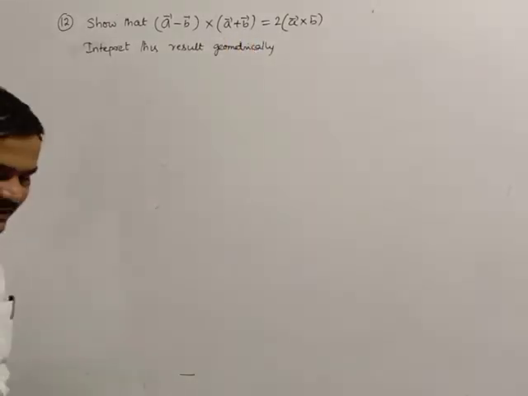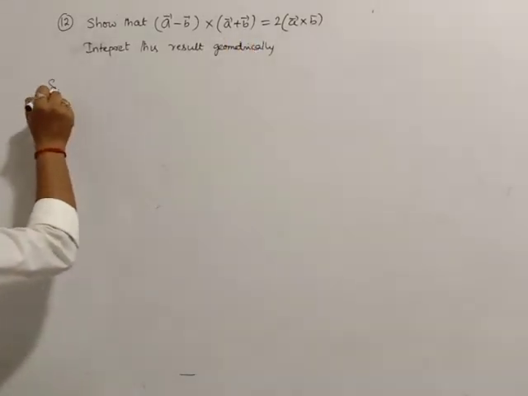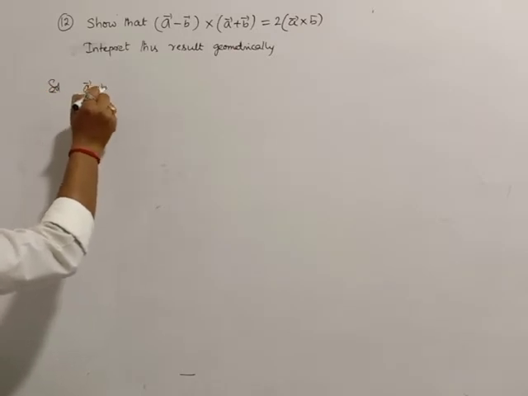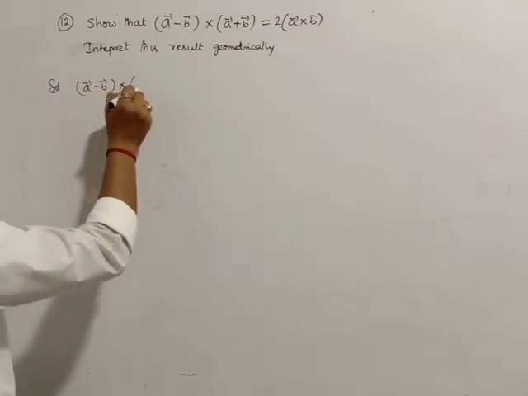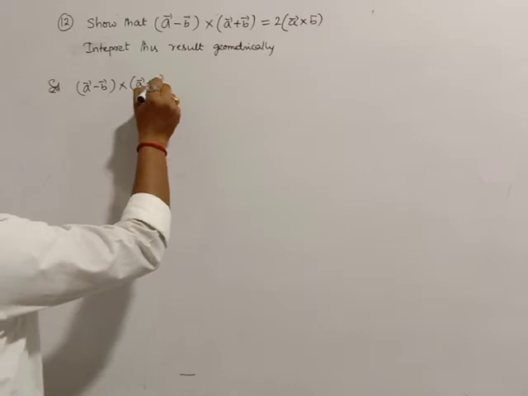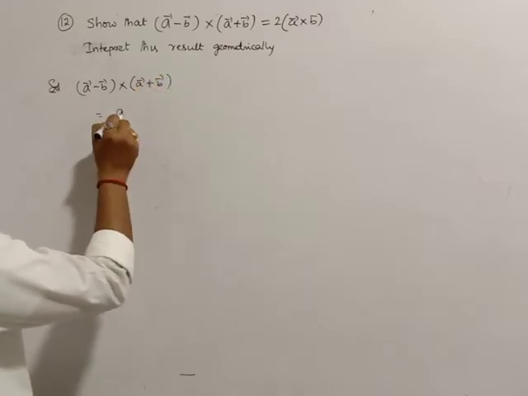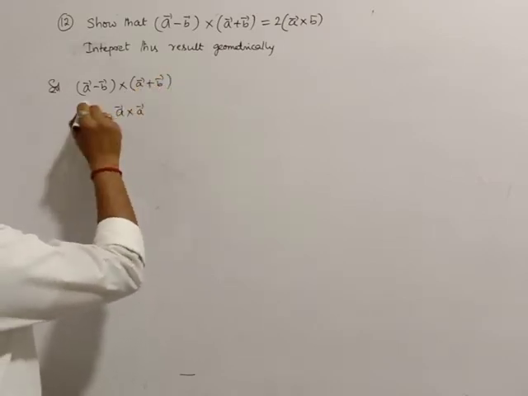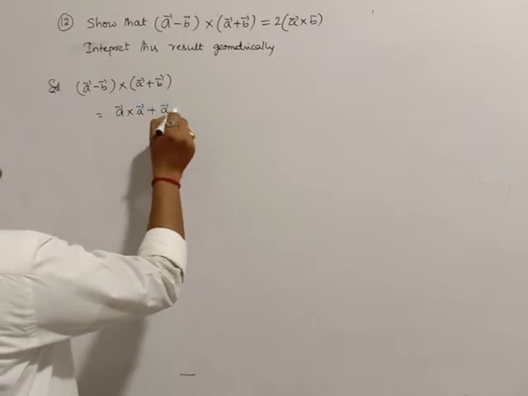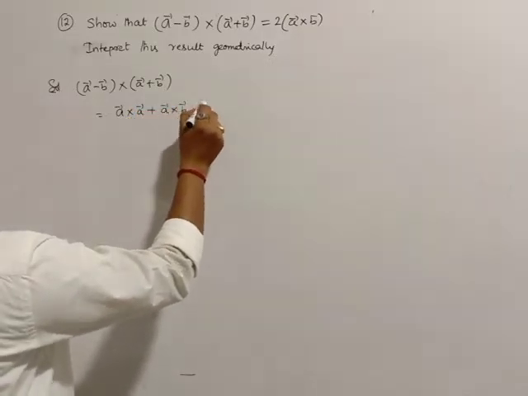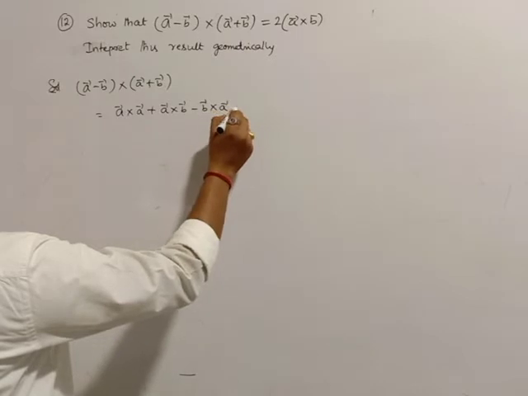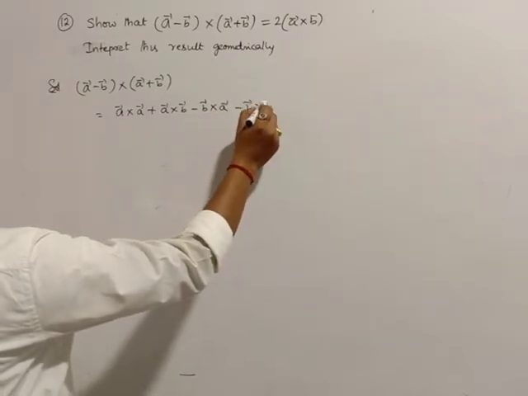He is asking that. For that purpose, first of all, find this one: (A bar minus B bar) cross (A bar plus B bar) is equal to A bar cross A bar plus A bar cross B bar minus B bar cross A bar minus B bar cross B bar.